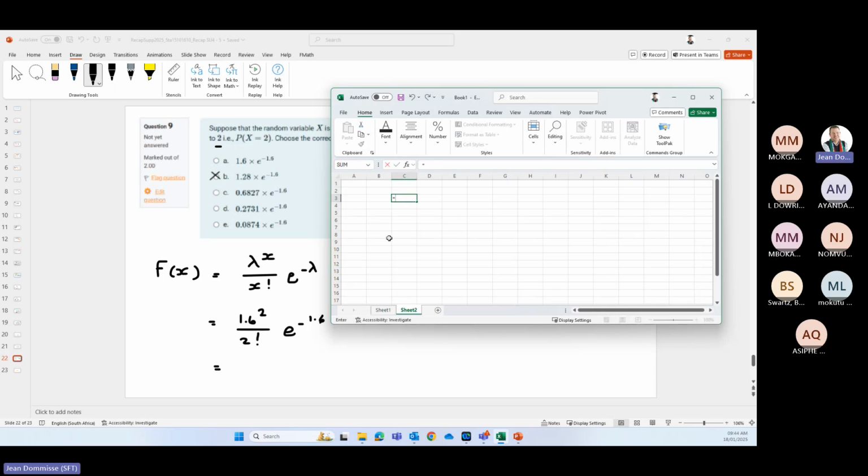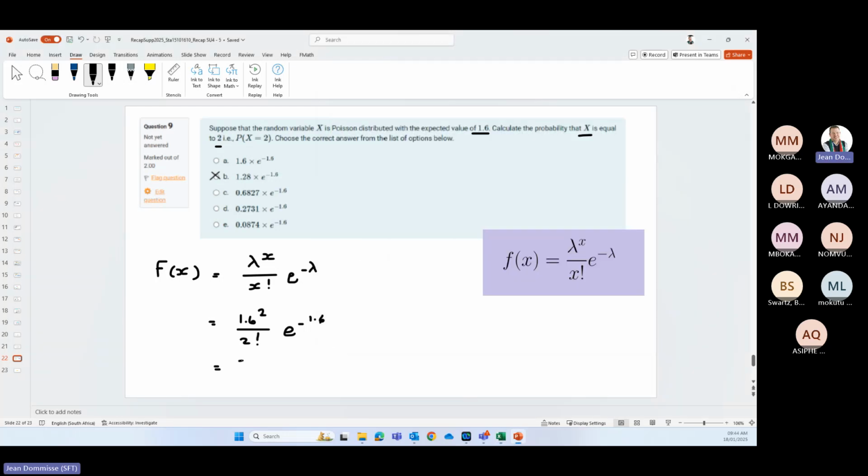So 1.6 to the power of 2 will give us 2.56. And 2 factorial means 2 times 1. Let me just show, 3 factorial would have meant 3 times 2 times 1. So as you go higher, if it was 5, it would have been 5 times 4 times 3 times 2 times 1. So 2 factorial is that.